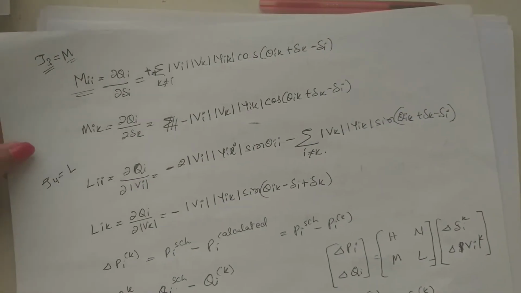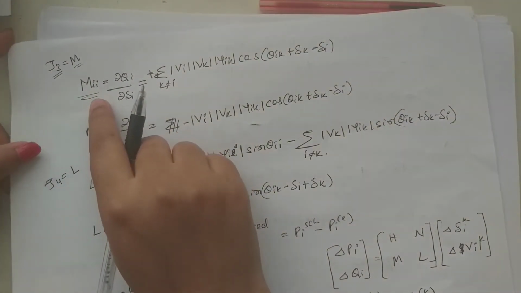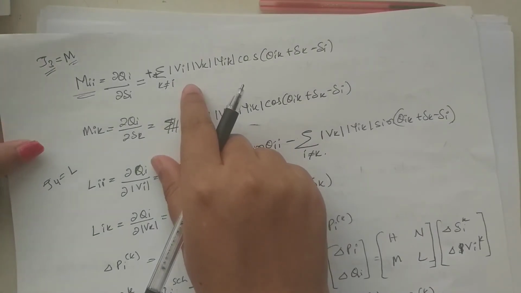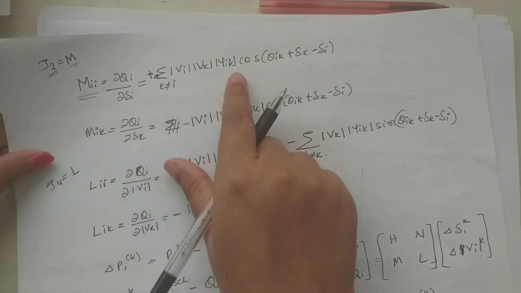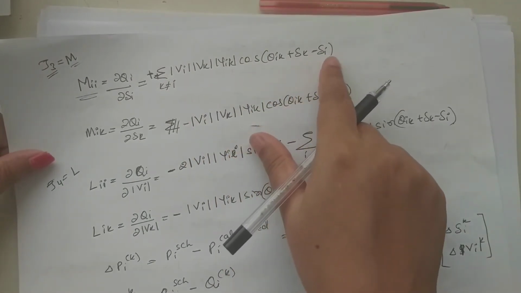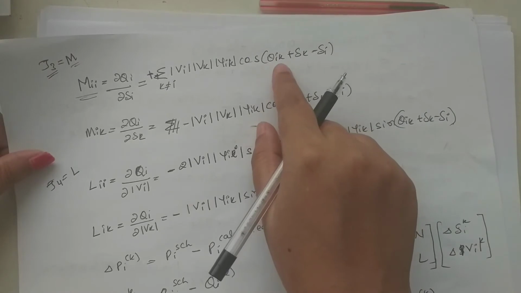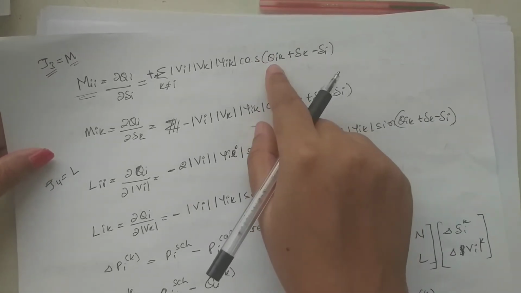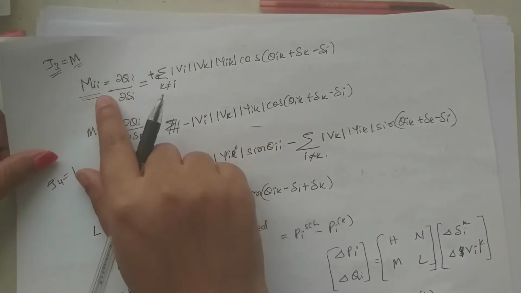Similarly, we will see what is the value of M33. M33 is also the same thing: Mii is equal to Vi Vk Yik cos(θik + δk − δi). δk and δi are 0, and θik is 90. Cos 90 is equal to 0, so M33 is 0.